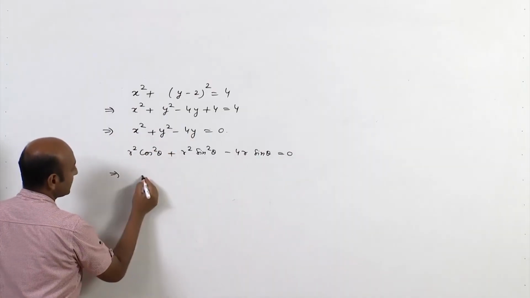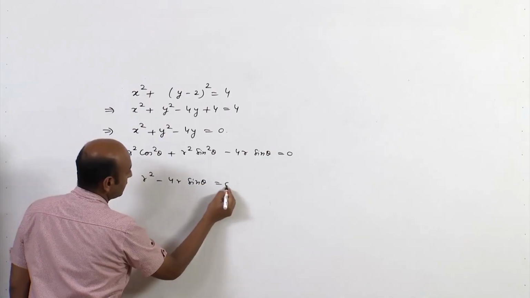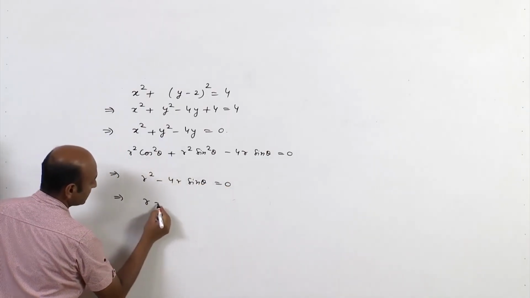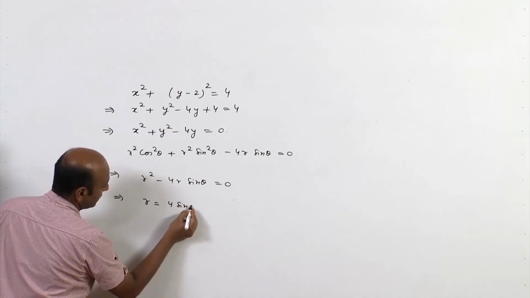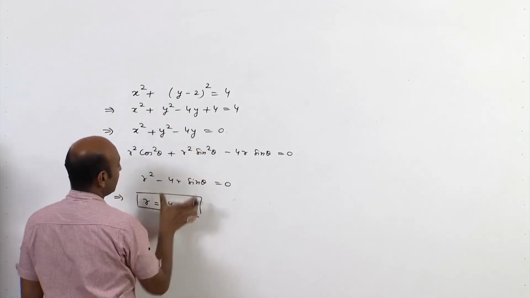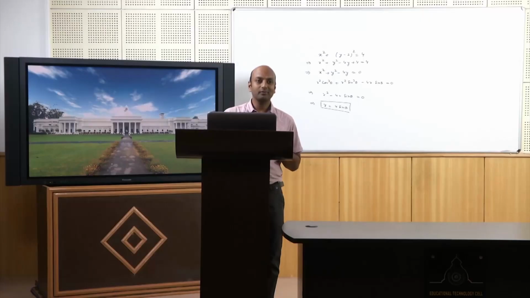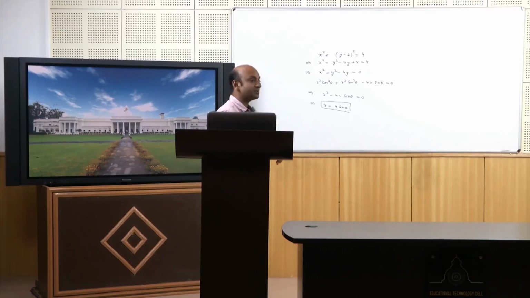So, this implies r square minus 4 r sin theta equal to 0, and this implies r is equal to 4 sin theta. So, this is an equivalent equation of this circle in polar coordinate system. Okay, we can cancel r because r can't be 0.